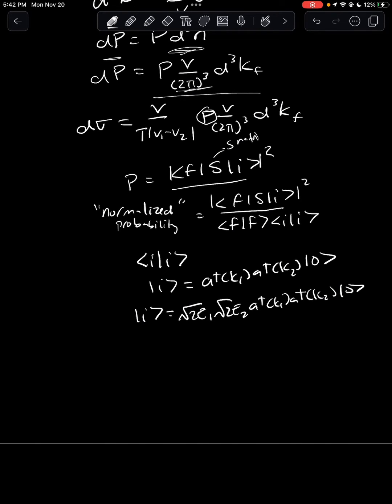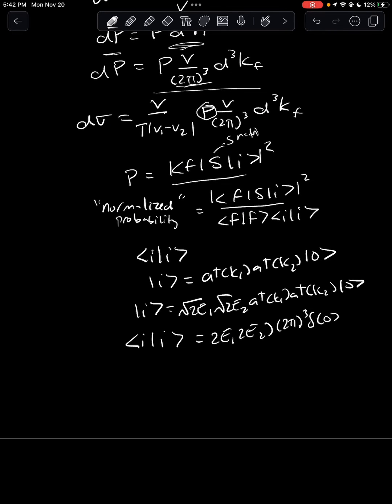Therefore, the inner product of the initial state with itself is going to be 2E1, 2E2, and then some delta functions: 2π cubed delta of k1 minus k1, which is just delta of 0, and 2π cubed delta of k2 minus k2, which is also delta of 0.